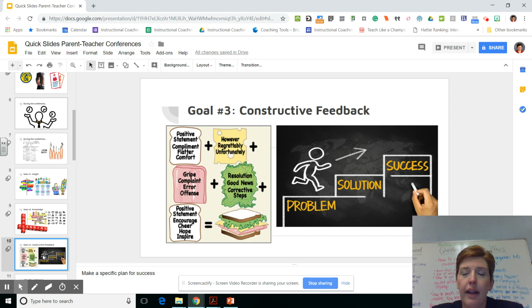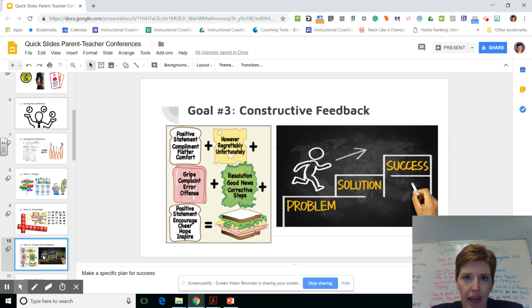Okay, so I like this idea of the sandwich. Start off with something positive, start off with that knowledge and insight, and then you transition to the bad news. However, and then you give what needs to be worked on, what areas we have for growth, keeping it in a growth mindset, and then you end again with some positive statements about the future.